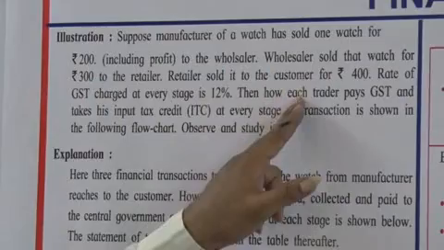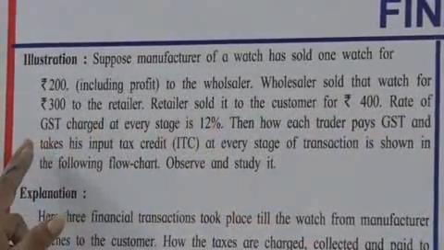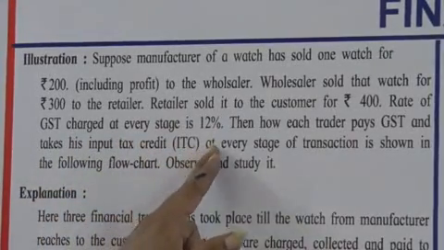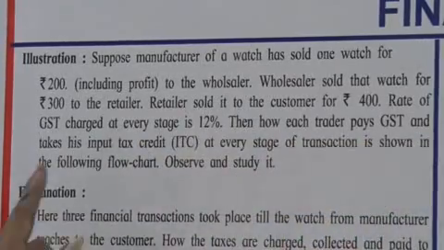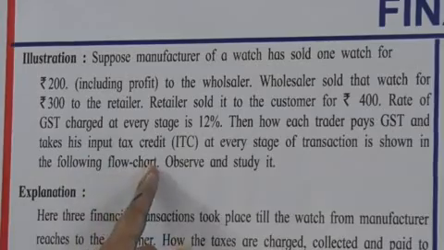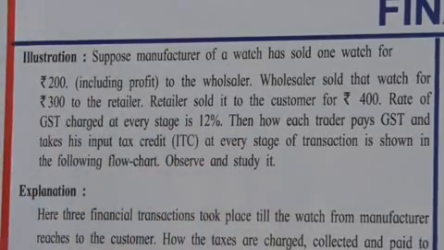Then how each trader pays GST and takes his input tax credit, ITC, at every stage of the transaction is shown in the following flow chart. Observe and study it. Now let us study this example.